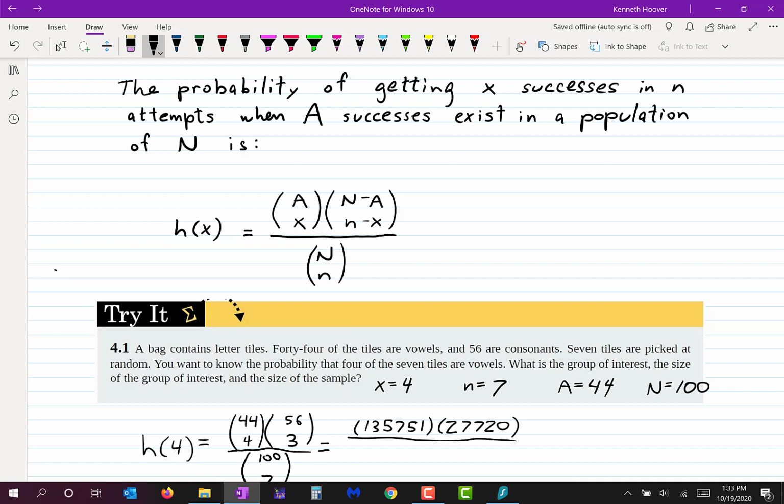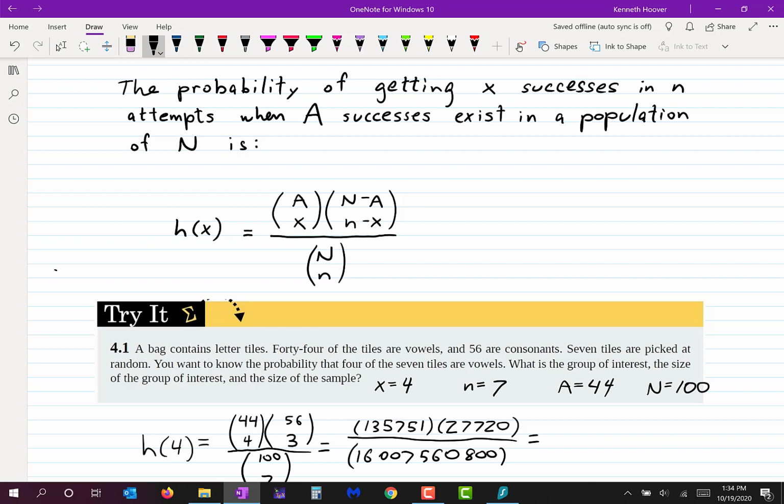And 100, choose 7, is 16 billion 7,560,800. Okay, now 135,751 times 27,720 divided by 16 billion.